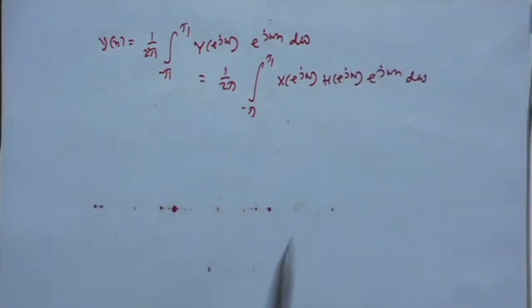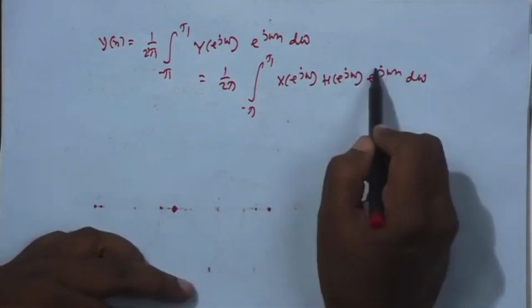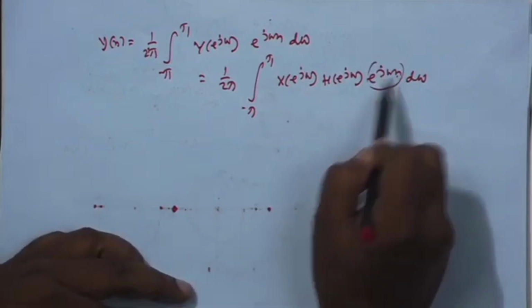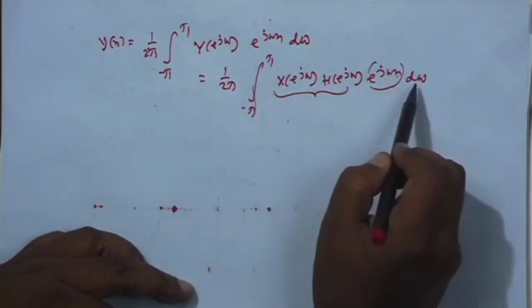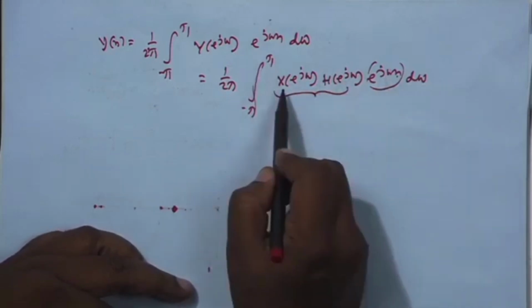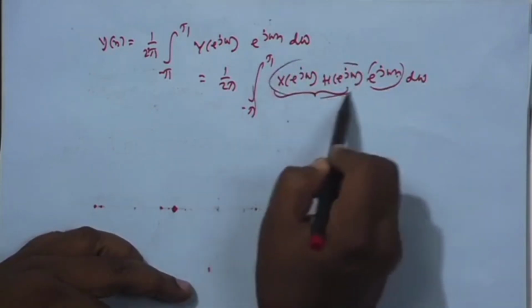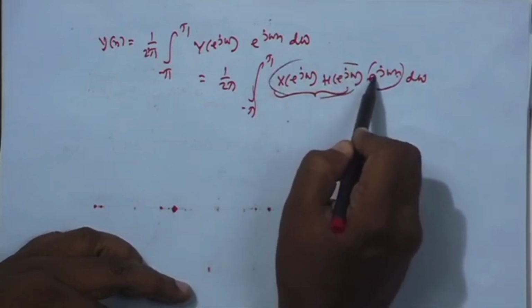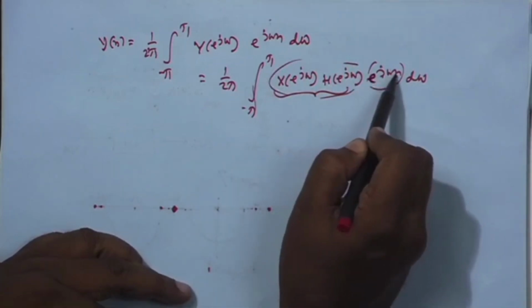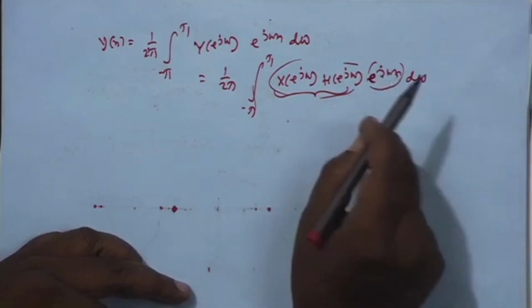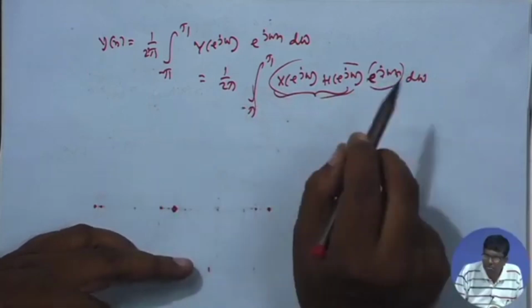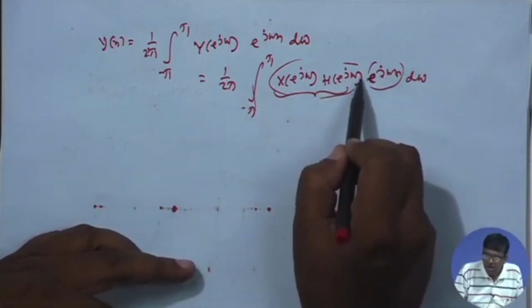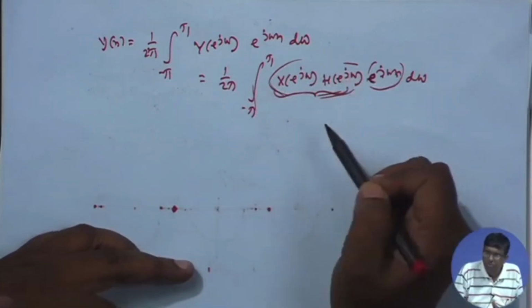This has a good physical interpretation. You see, this is the sequence, because this is dependent on n. Okay, this is the sequence. The integral is with respect to omega, that is, you are carrying out this, this is the amplitude of the sequence. This is like a carrier, e to the power j omega n is like the time axis, instead of time it is just an index, but it is pointing to the time axis, just discretized, and it is multiplied by an amplitude which is independent of n.